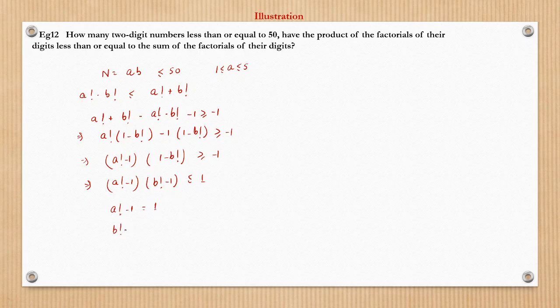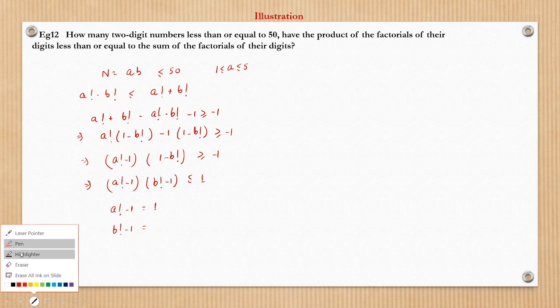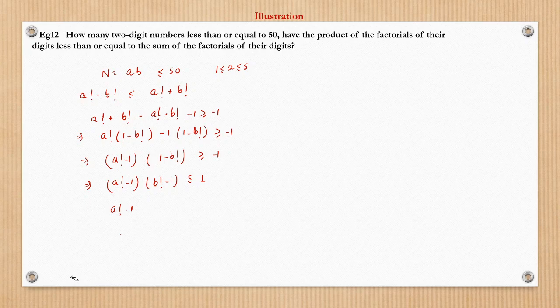And b factorial minus 1 is also an integer. So it means that the product of a factorial minus 1 into b factorial minus 1 can be either 0 or 1, right?